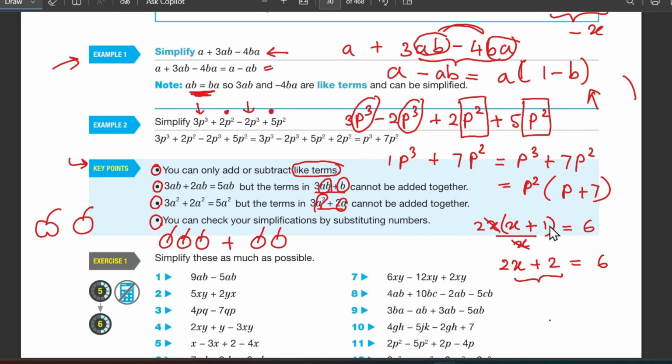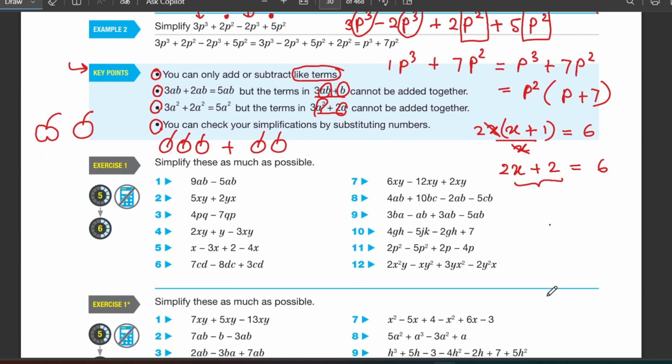Okay, I will do some of the questions from the exercise also. So this one, 12th one. First thing, you have to bring the like terms together. So I identify these two are like terms, and again these two are like terms. So first step, I write those two things together.